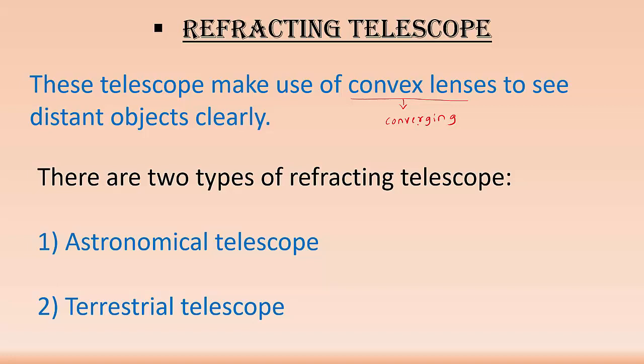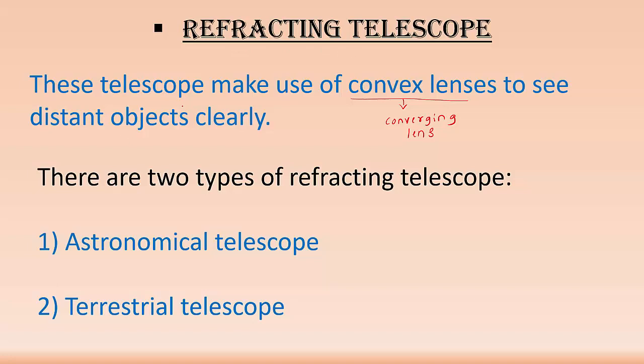After refraction, all the refracted rays converge at a single point, so we call it a converging lens. In this telescope we use convex lenses to see distant objects clearly. So here, remember, the phenomenon of refraction of light takes place.